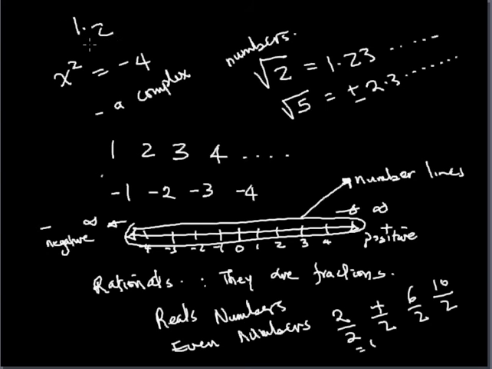But if you can divide a number that will give you a whole number, like 4 divided by 2 will give you 2, 6 divided by 2 will give you 3, and 10 divided by 2 will give you 5. These are called real numbers.